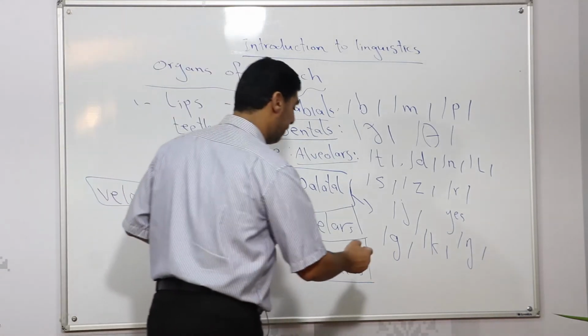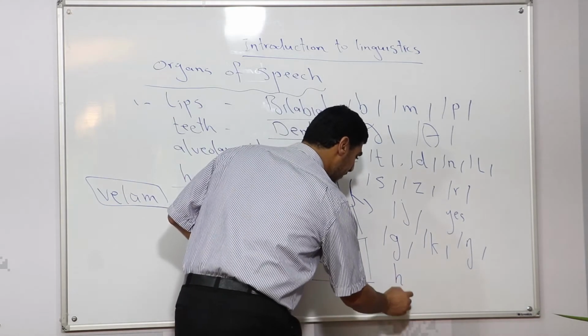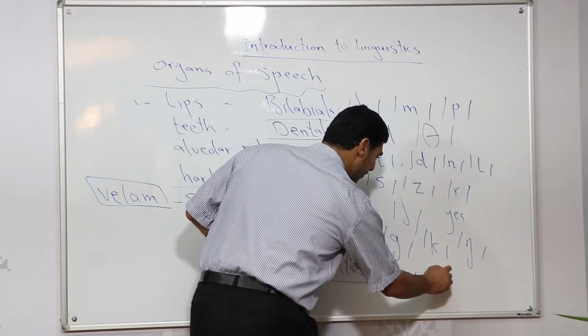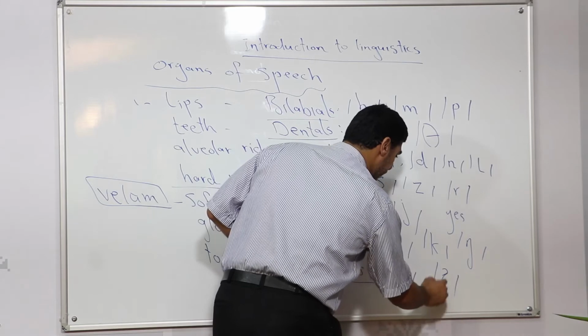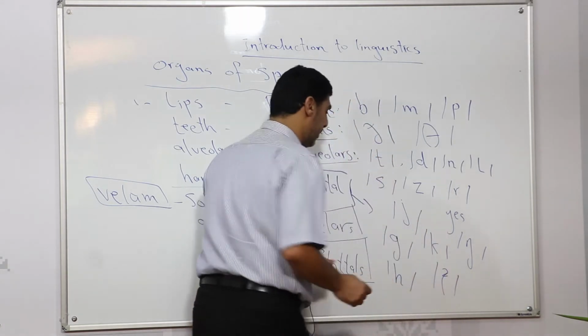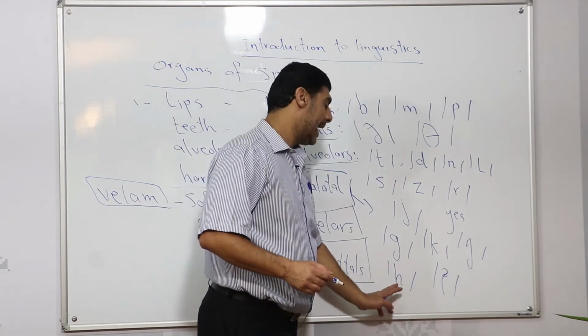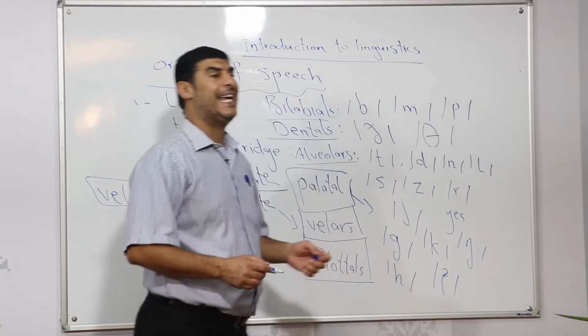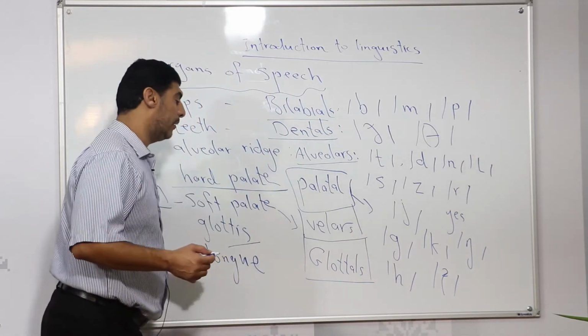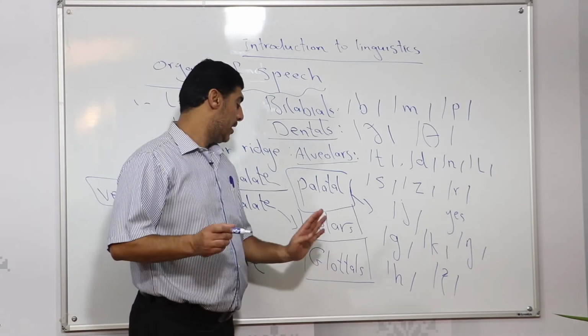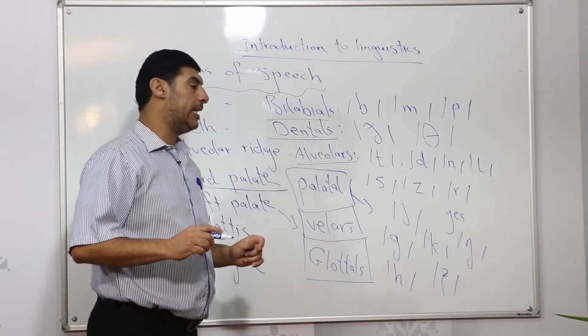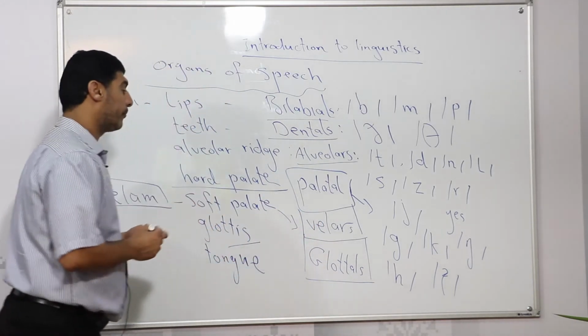We have ha, and we have what is called hamza. This is not needed, but we mainly have to focus on the ha sound in the words have, hat, behind. So a glottal sound is mainly made at the glottis, right?